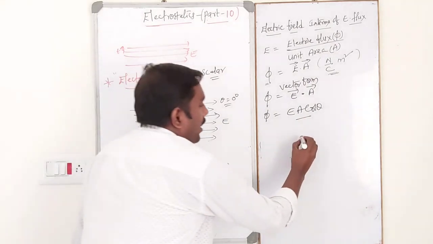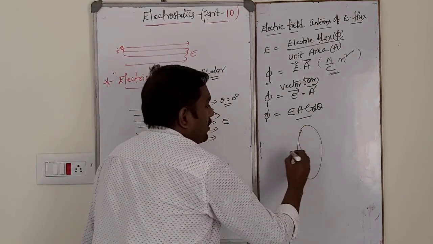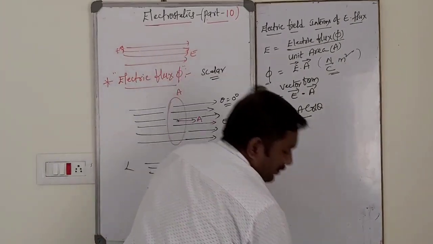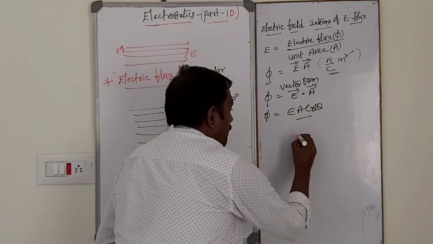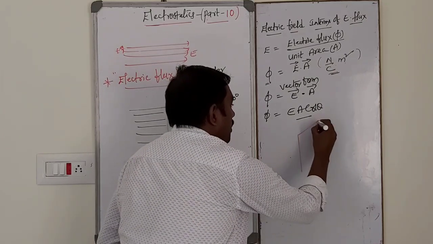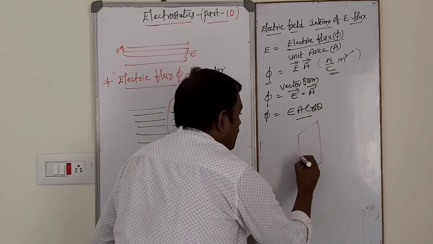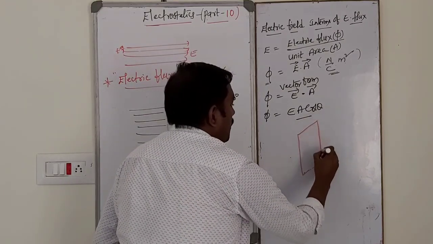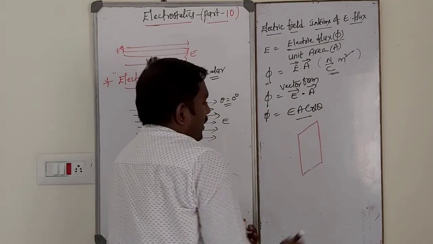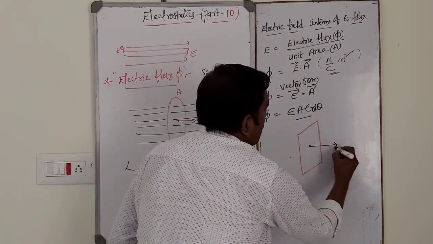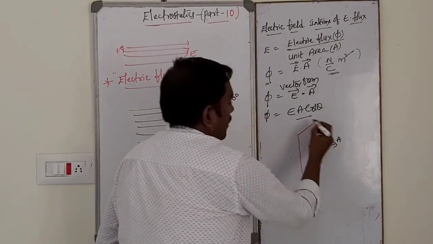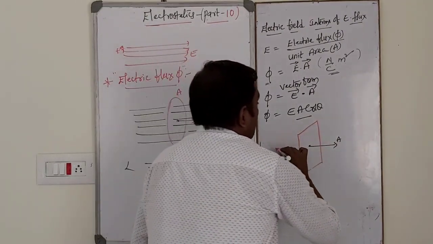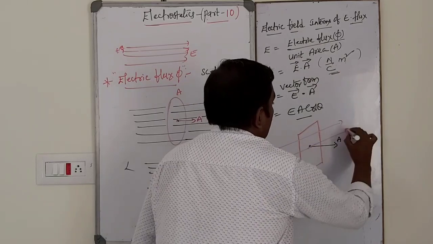See, dear students, like this. This is a small area, and the direction of area is like this. Electric field lines pass through this surface.